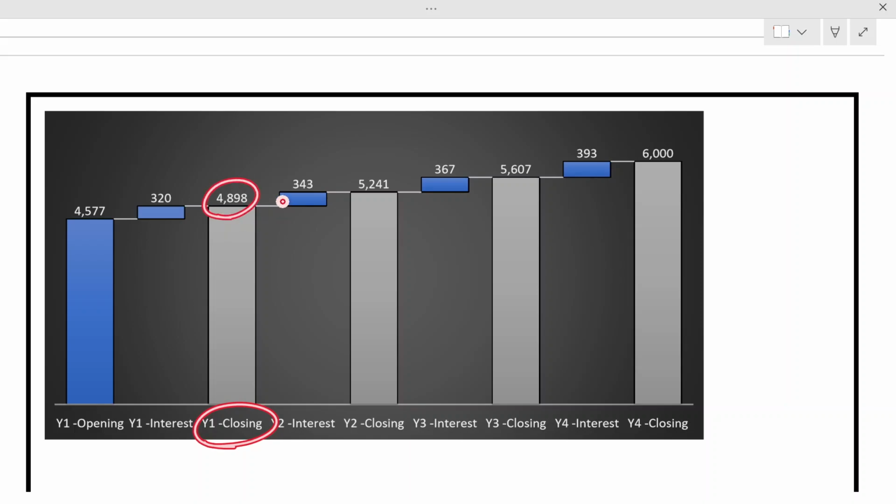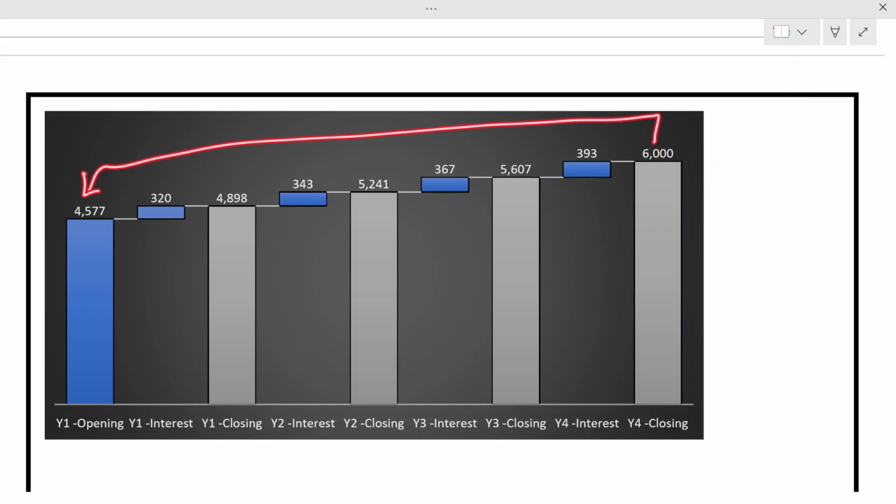Then there will be interest on it, and this interest and this amount will make up your second year's closing balance, and then the interest will be there as well, and the total balance will become 5,607, and finally the interest will also be there and it will become 6,000. So the $6,000 which you are going to receive at the end of the fourth year, if someone asks you what its present value today is, you will say it's 4,577.